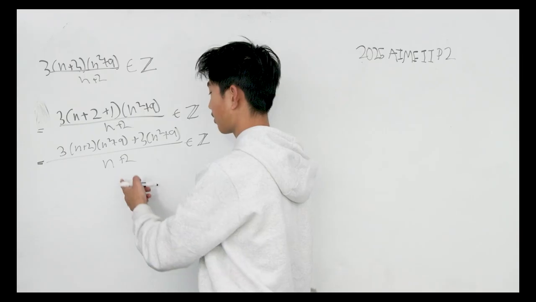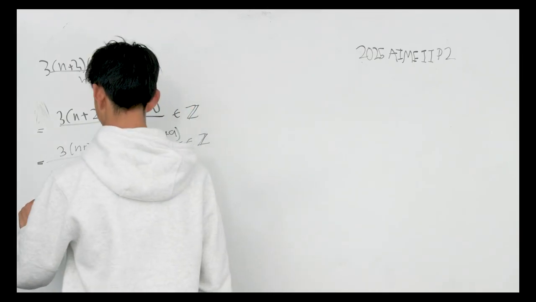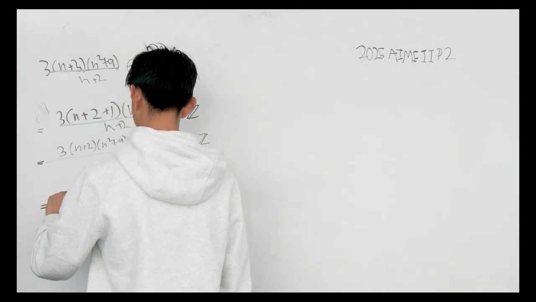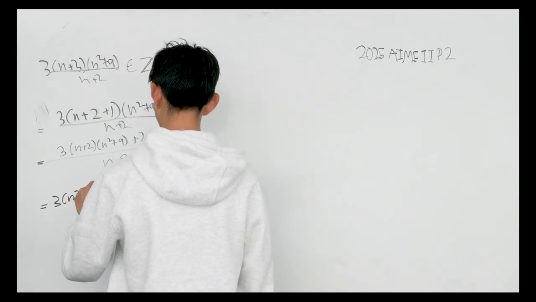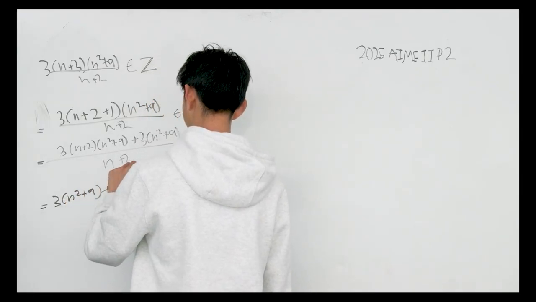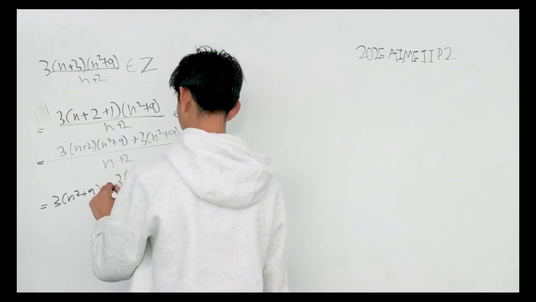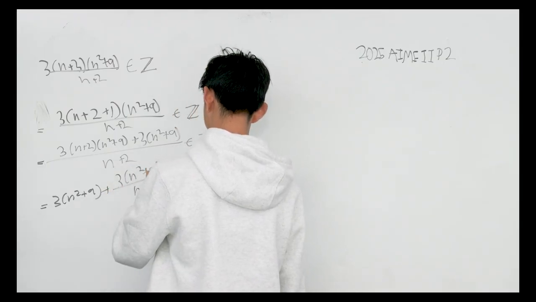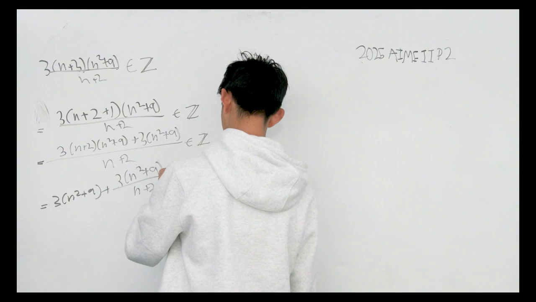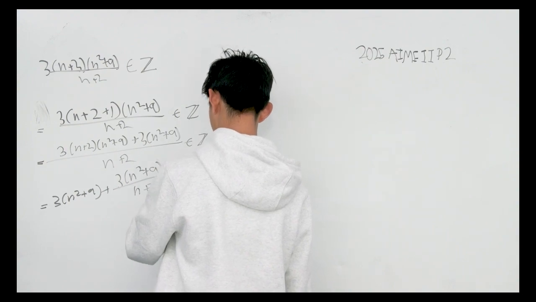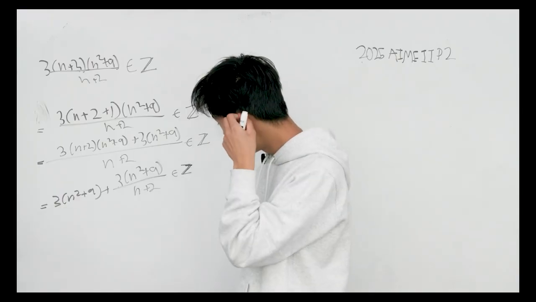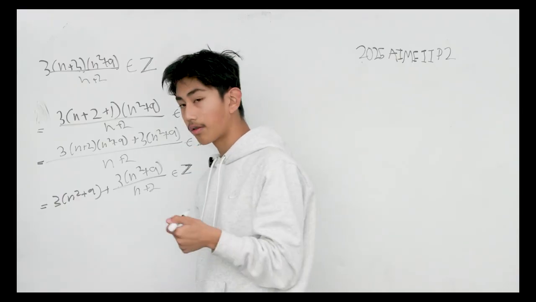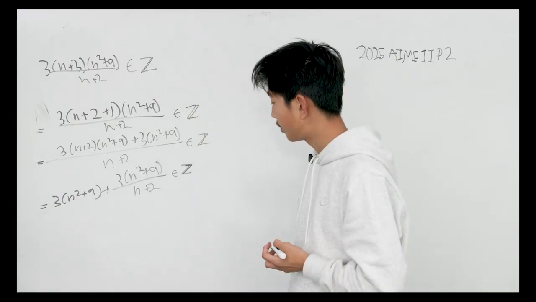Now we can just cancel out the n plus 2 on this side. So we get 3 times n squared plus 9, plus 3 times n squared plus 9 over n plus 2. But now we can even further complicate this.